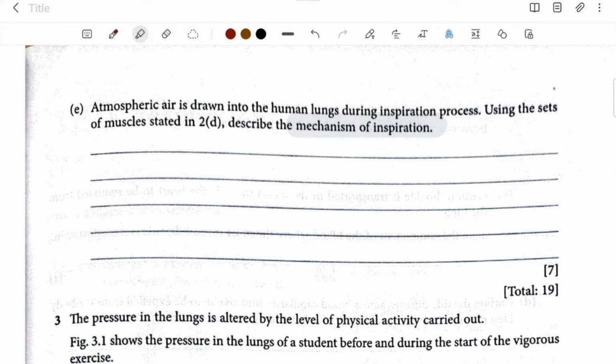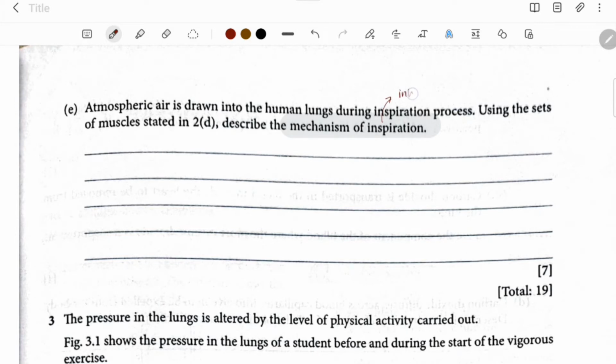You can actually straight away start from the two sets of muscles first. So during inhalation, breathing in means the air is actually drawn into our lungs. So what happened? The external intercostal muscles contract.